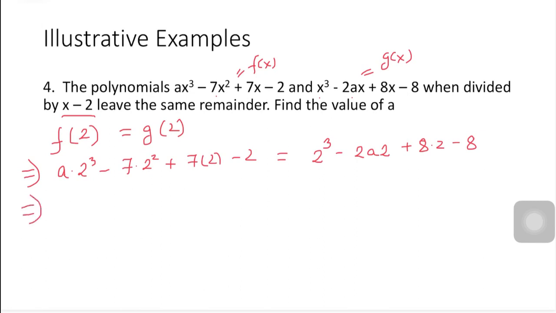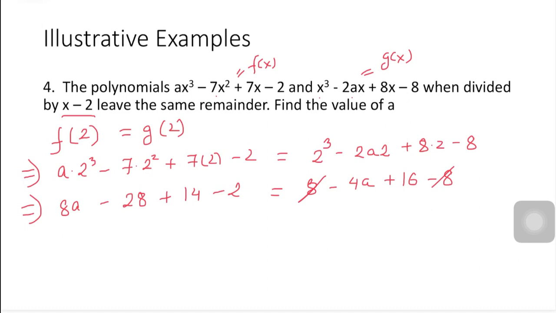From here we get 8a, since 2 cube is 8, minus 2 square is 4, 4 times 7 is 28, plus 7 times 2 is 14, minus 2, equals 2 cube, that's 8, minus 2 times 2 is 4, so 4a, plus 8 times 2 is 16, minus 8.